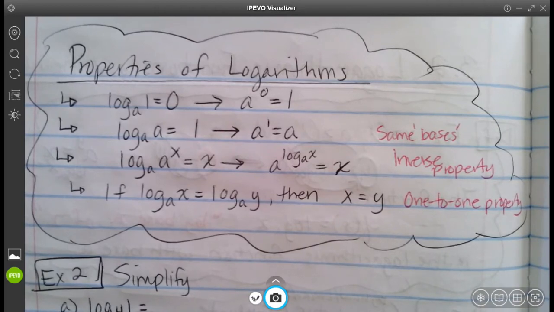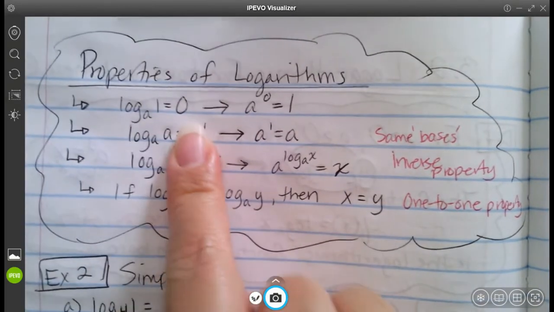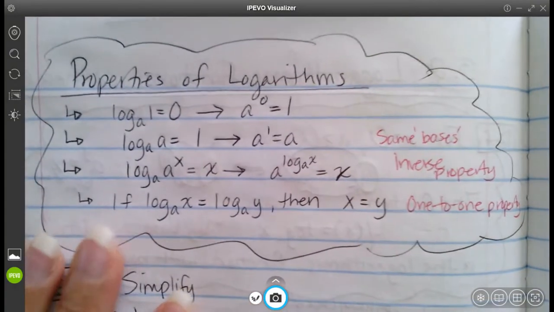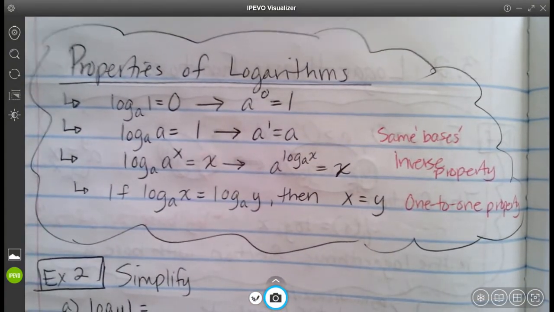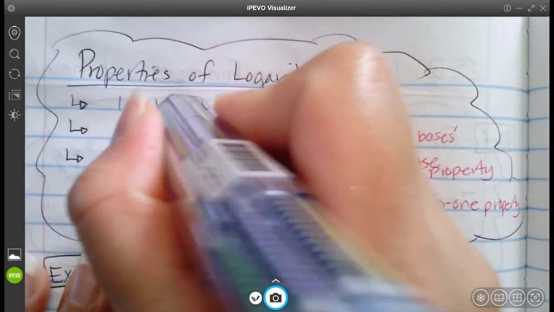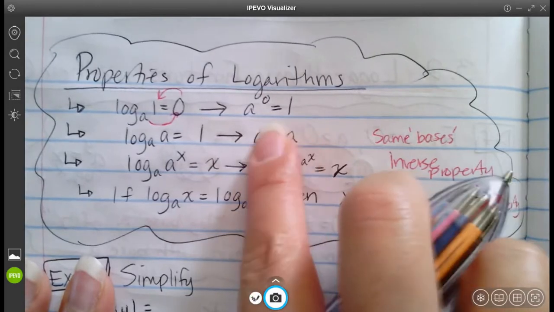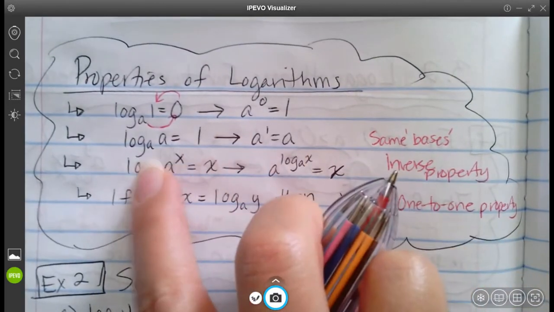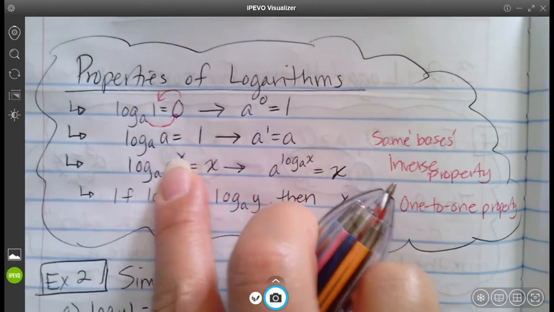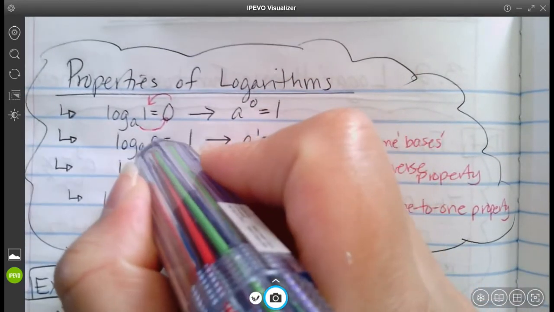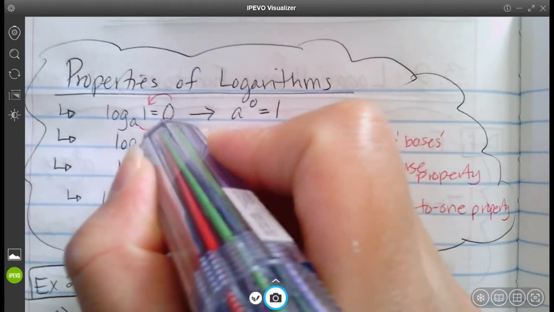So the first one says that log base a of 1 is equal to 0. And again, that follows what we did in one of those examples where you start with your base, you go around, a to the power of 0 is equal to 1. So that's where this one's coming from. This one is a little interesting because what happens is you do the same thing. You start with your base, you go around, and then back around.